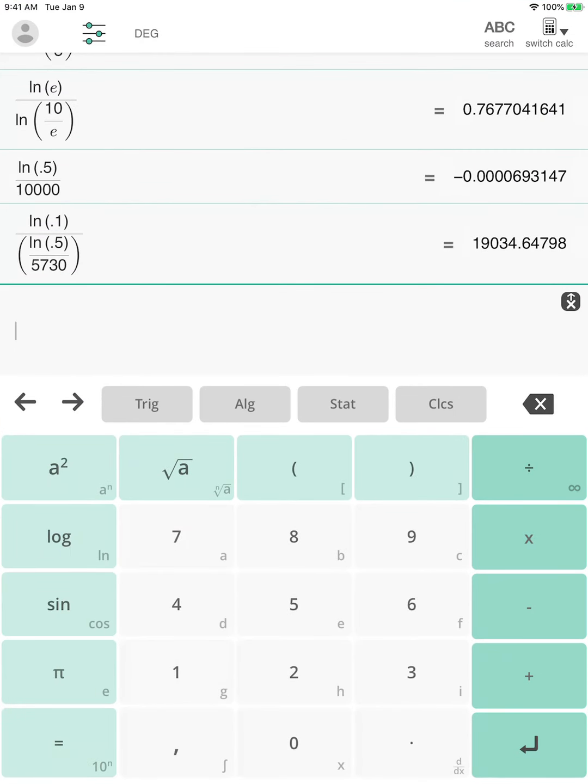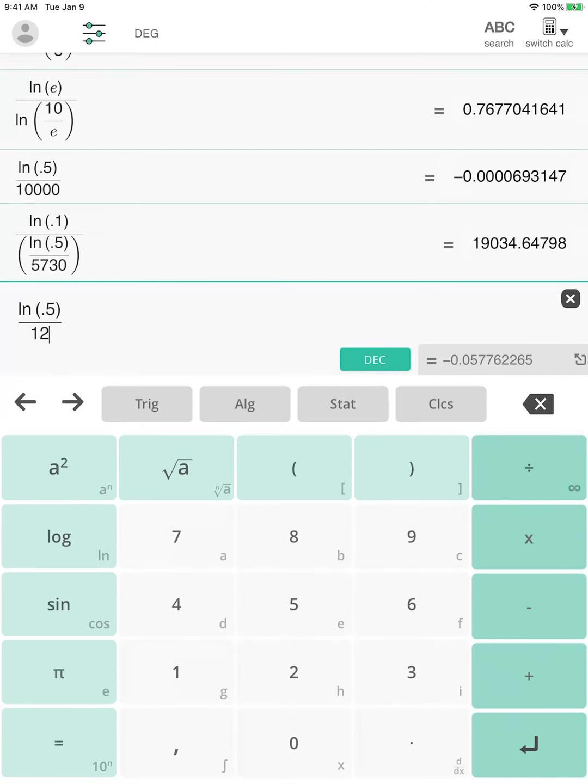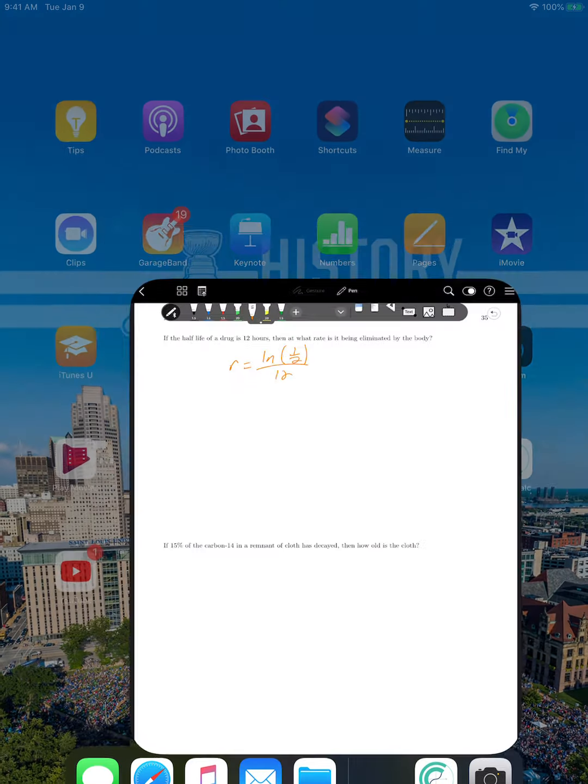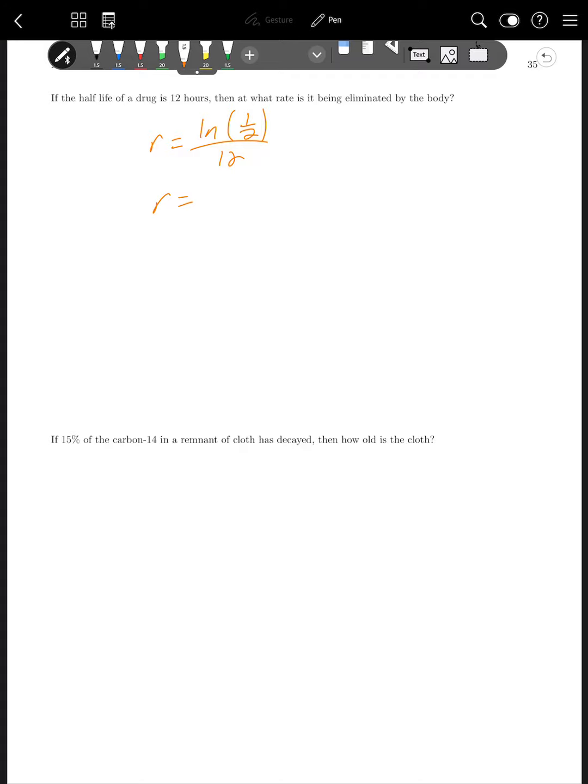So the natural log of 0.5 divided by 12 is negative 0.0578, or negative 5.78%. So it's being removed by the body at 5.78% per hour. In this case, our time was an hour, so our rate is per hour.